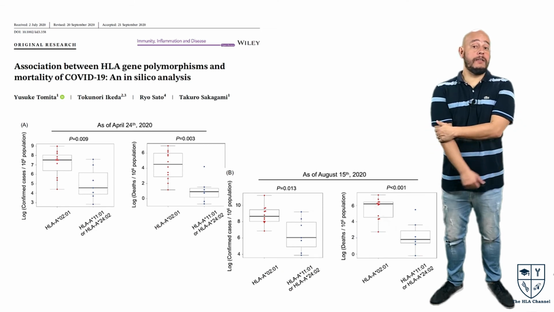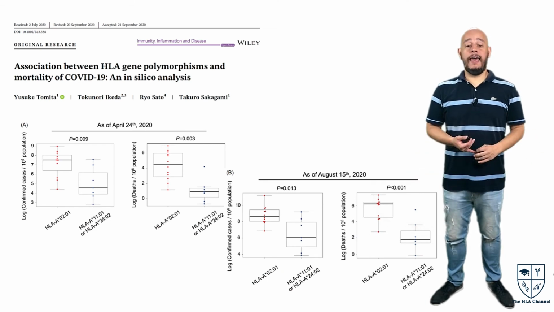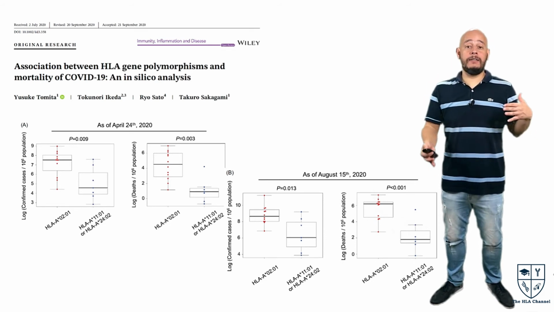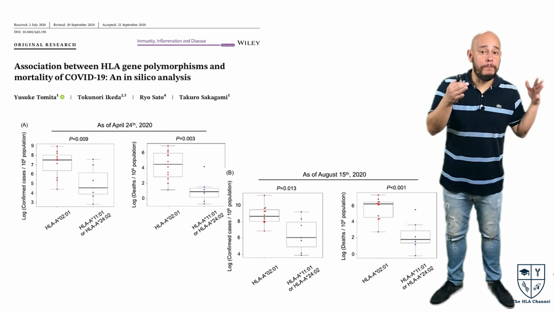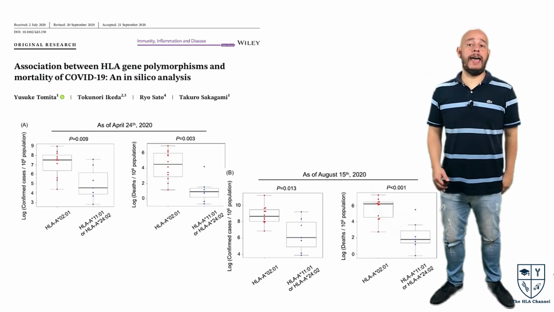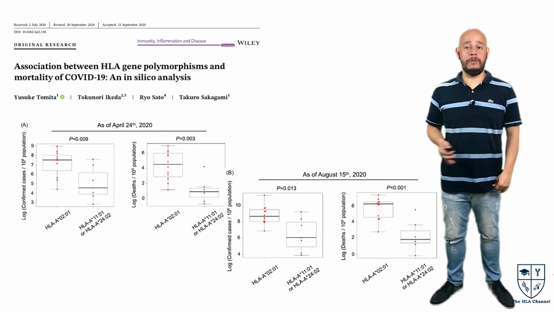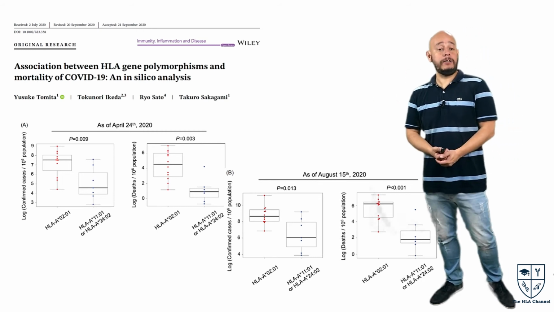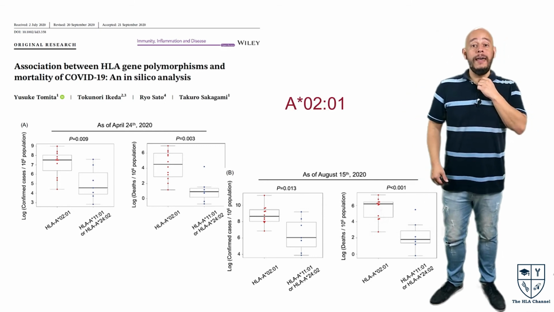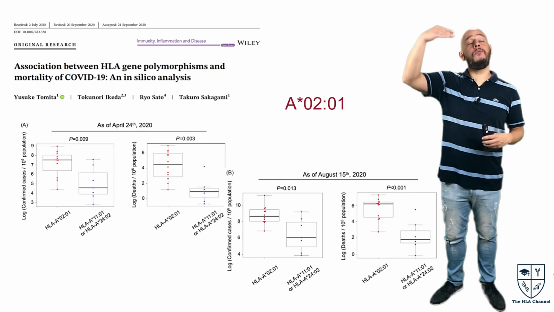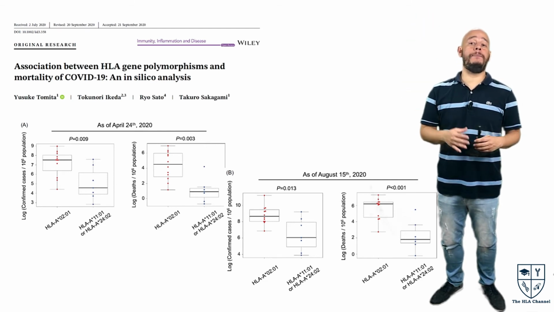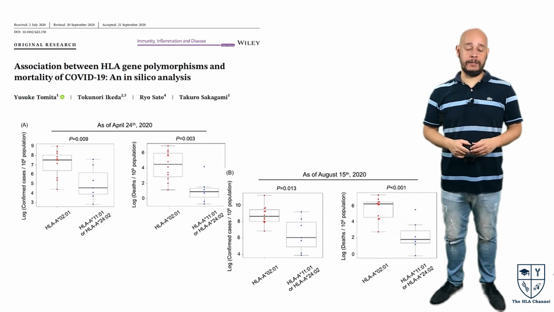Tomita and colleagues propose a hypothesis that HLA genotypes may impact the difference in morbidity and mortality of COVID-19 across countries. And what they found was a possible association between HLA-A*0201 and an increased risk of COVID-19 due to lower capacity to present SARS-CoV-2 antigens.